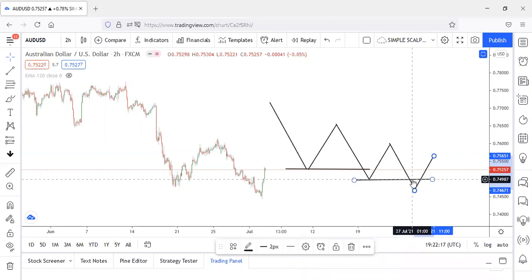Apart from having the institutions, the big banks, and the big players coming in at a particular time, there are several retail traders targeting an area, and the 61.8 Fibonacci retracement is one of the best areas people are targeting.